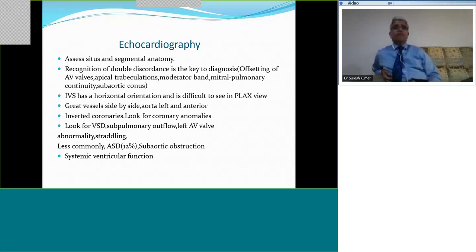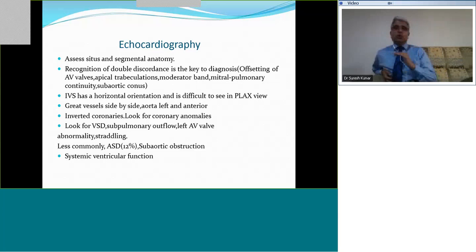And so you must be able to recognize the anatomic features of the right ventricle and the left ventricle, and this will help you to recognize the double discordance. The ventricular septum has a horizontal orientation, and you'll find that when you're taking the parasternal long axis view, you don't find the septum.